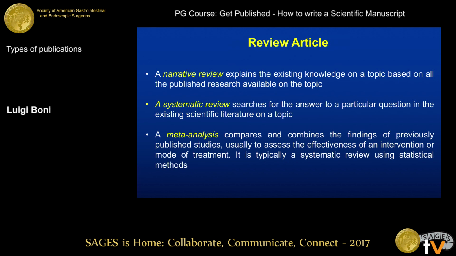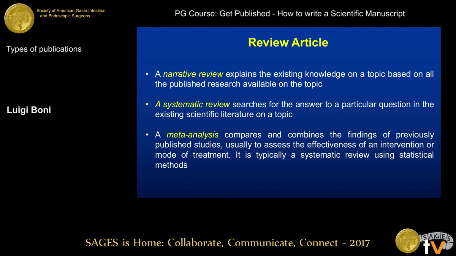Coming back to the review article, there are three different kinds of review article, as I said. We have the narrative review, which is less commonly accepted into journals nowadays. It gives you an overview, usually in a very narrative form, of the knowledge on this topic.